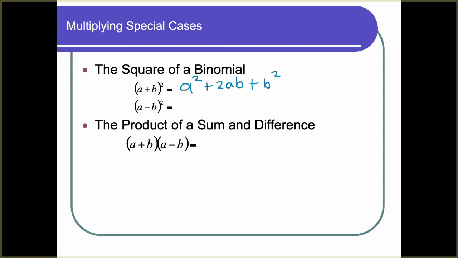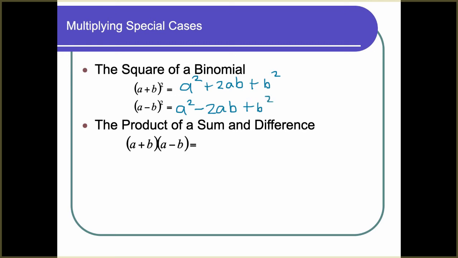If we have a minus sign in between, we get the first term squared. This time we're going to have a minus 2ab because a times negative b is negative ab. We have 2 of them. And we have a b squared. Negative b times negative b, when you square it, is going to be a positive b squared.